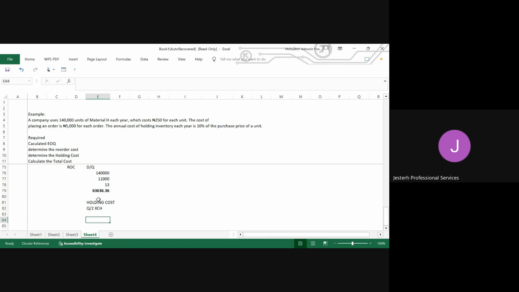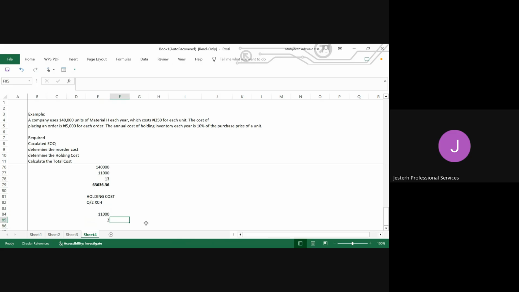This is where we need to pay more attention. Now, our Q is 11,000, so 11,000 divided by 2.